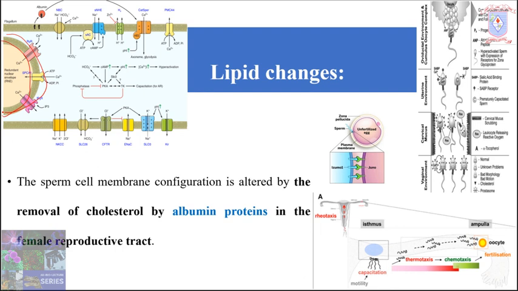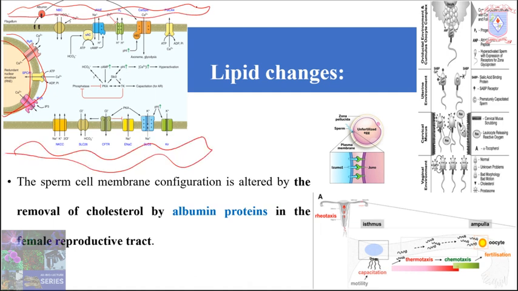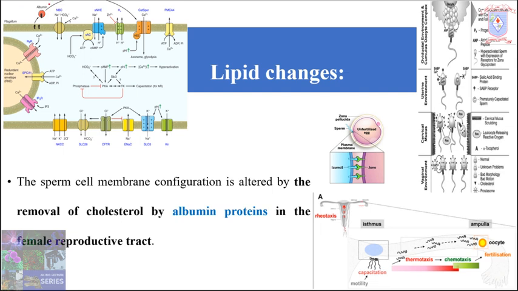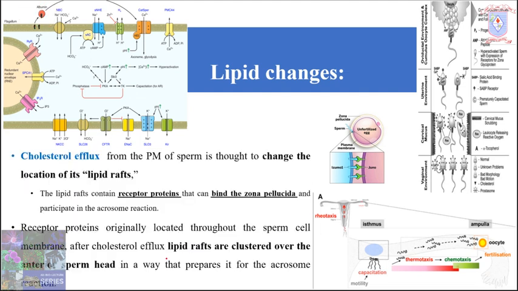So this outer area is the environment in the female reproductive tract, isn't it? And the albumin present in the female reproductive tract removes the cholesterol from the sperm membrane, and the cholesterol efflux from the plasma membrane by the albumin is thought to change the location of its lipid rafts.